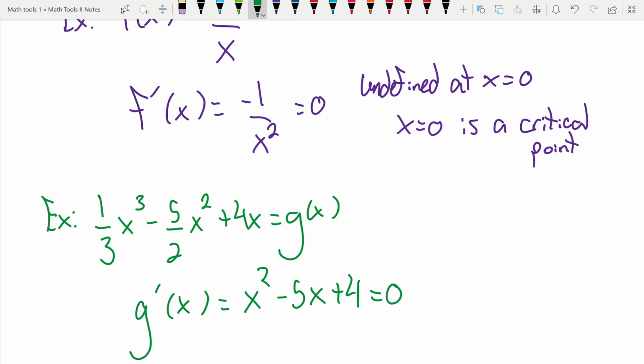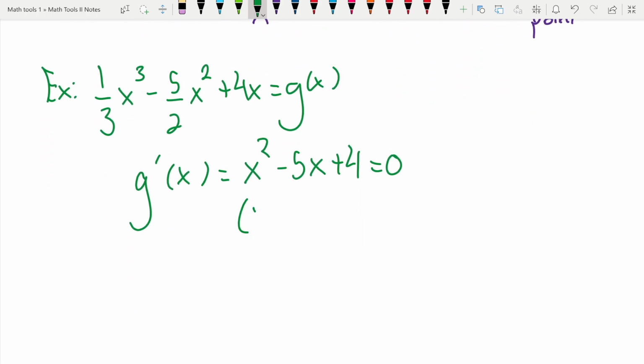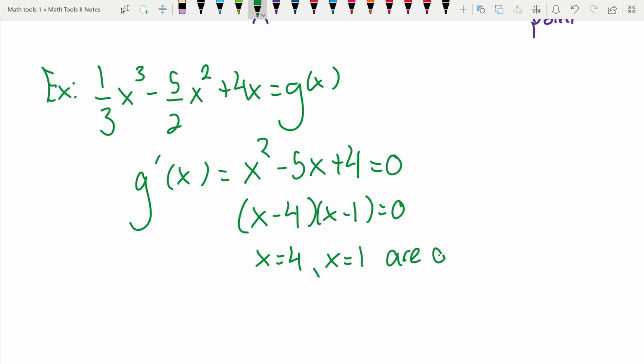This is a polynomial, so it's not going to be undefined anywhere, so we don't have to worry about that. We can factor this as (x minus 4)(x minus 1) equaling 0. So x equals 4 and x equals 1 are critical points. These are the places where the derivative is 0.